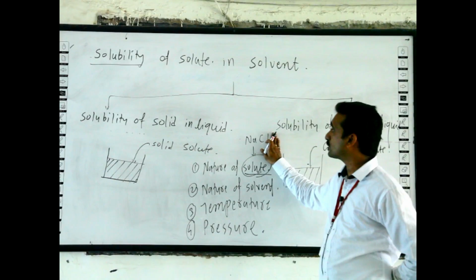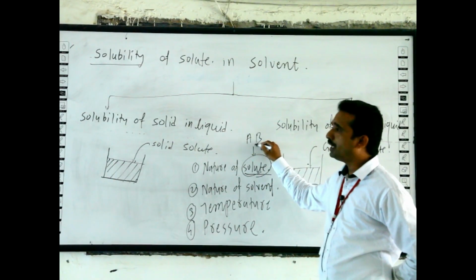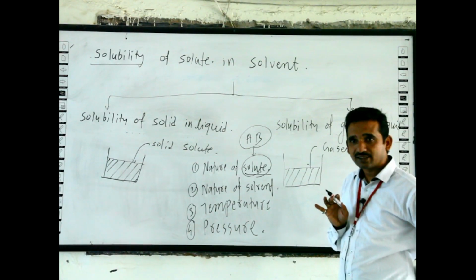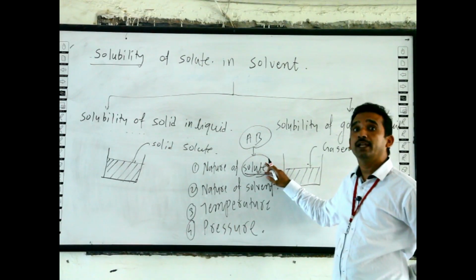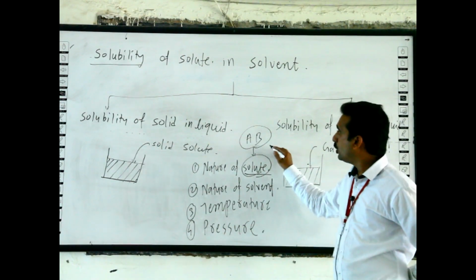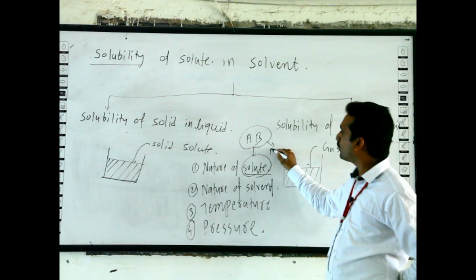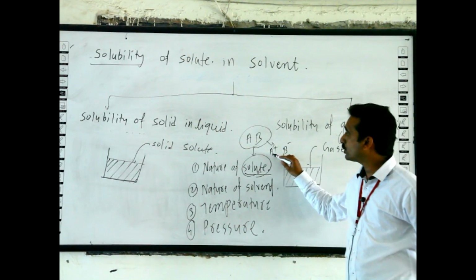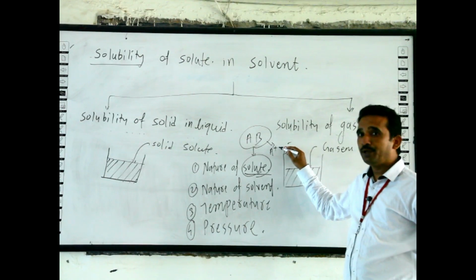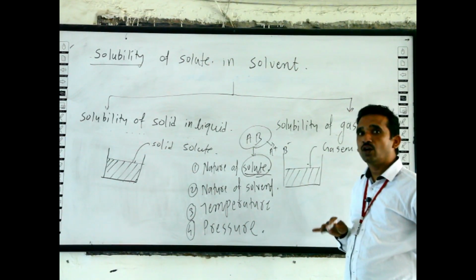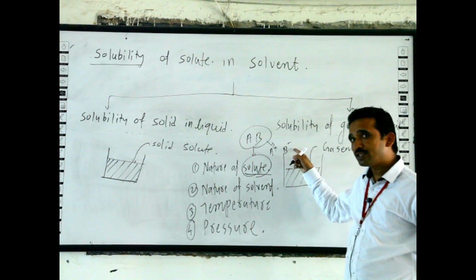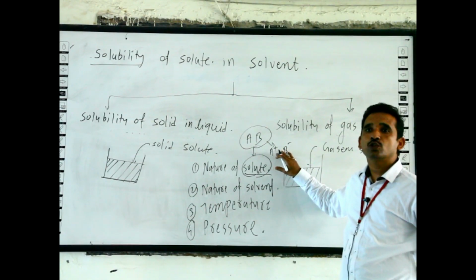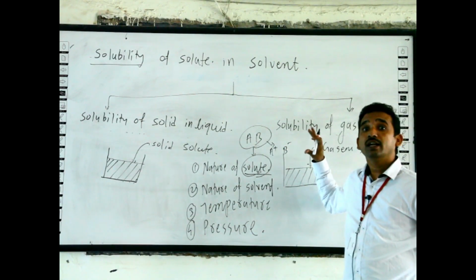Or suppose the example is AB, and this AB does not dissociate or ionize; such a type of solute plays a different role. If they dissociate easily and there is formation of A plus and B minus, that is cation and anion, they will be easily bound with water because they are ions and water is a polar solvent. Then the intermolecular force of attraction is ion-dipole.